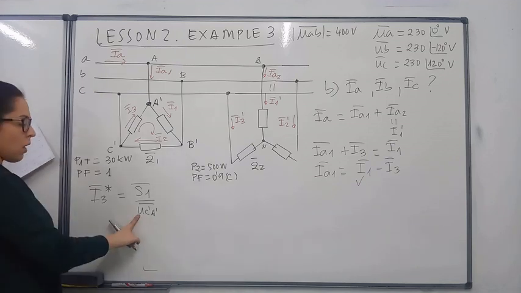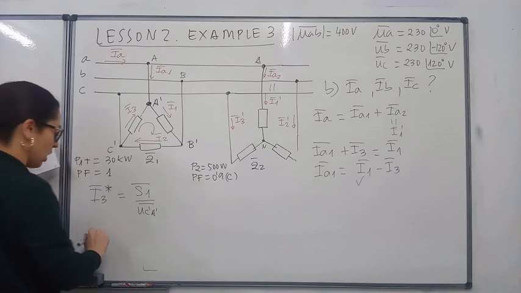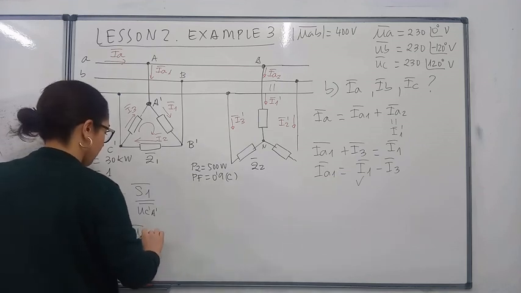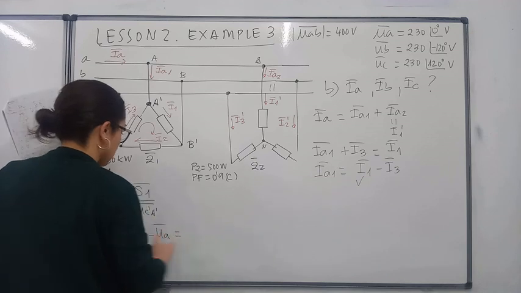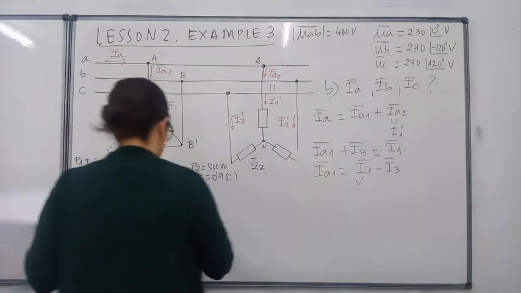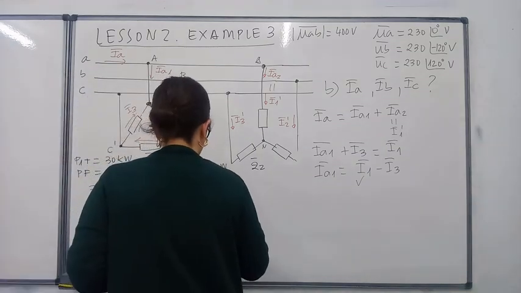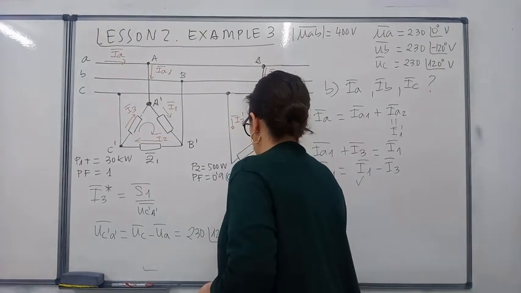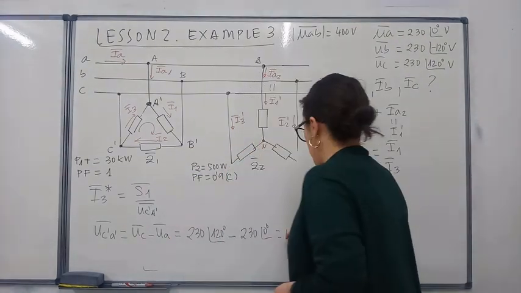So here we need to calculate this line voltage. How do we calculate this line voltage? By calculating the difference between these phase voltages, which are 230 at 120 minus 230 at 0.